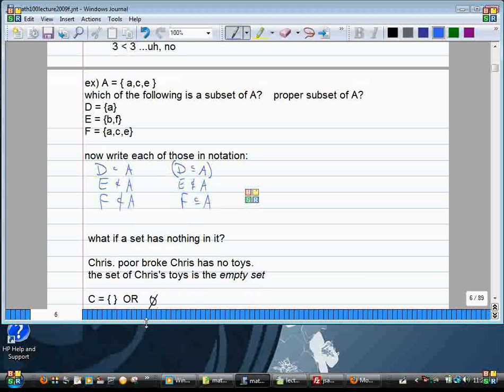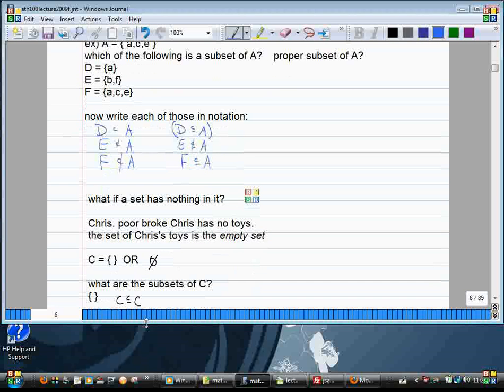Anything that doesn't have nothing in it. Anything that doesn't have nothing in it, that's right. Which means you have what? Nothing. No elements. Right, and what do we call that? Exactly. So the only subset is the empty set, because as soon as you have an element there, it's not a subset of the empty set.